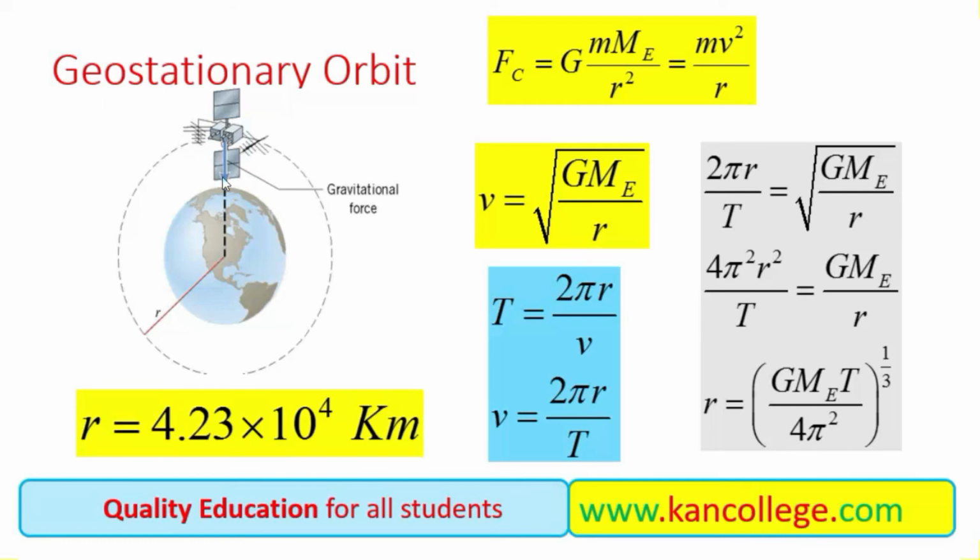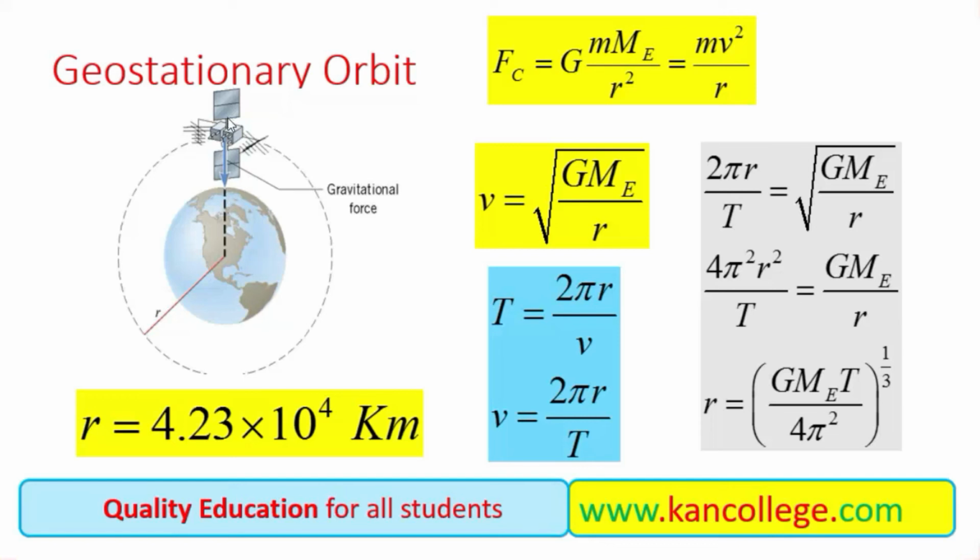If the time period of the satellite and Earth becomes different, the satellite will not look stationary to the bodies on the Earth.